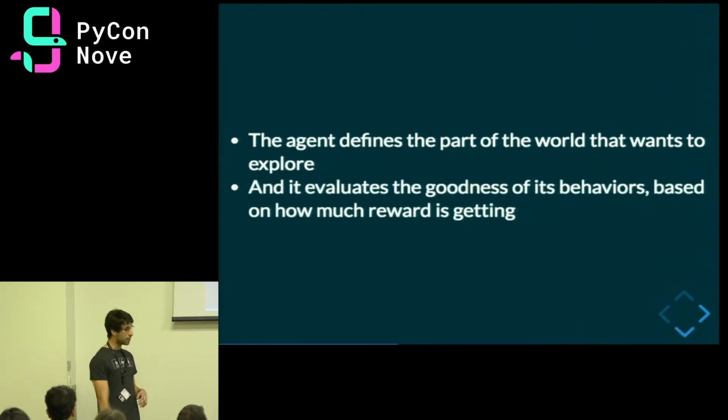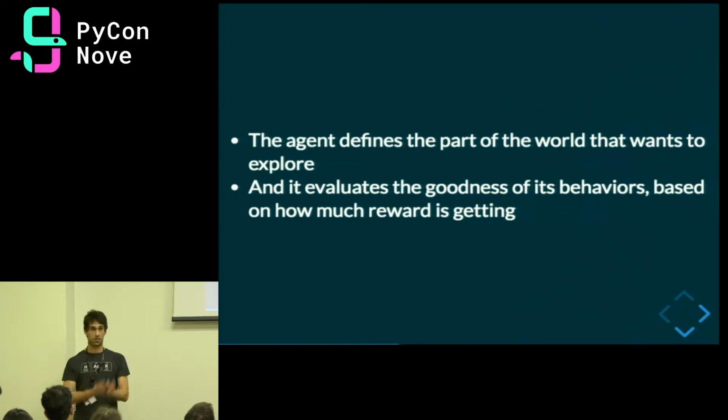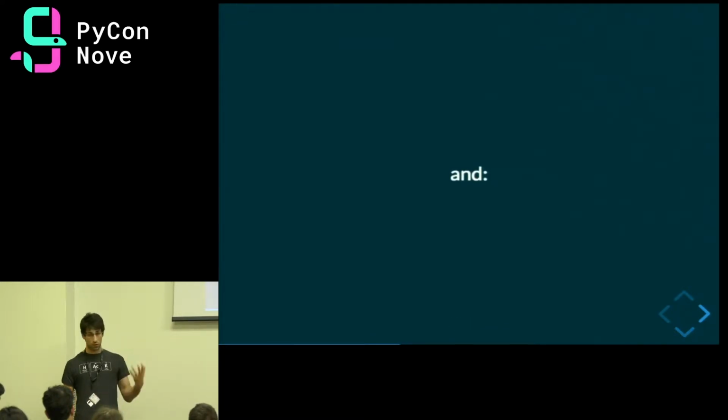On the other hand, depending on the action that it takes, it receives a reward, and it can estimate how good it's doing. So it's the one shaping what world it's seeing, and if it takes some action, it's not going to see another part of the world, and it's not going to have some specific rewards. This is important because that's what we want to optimize.